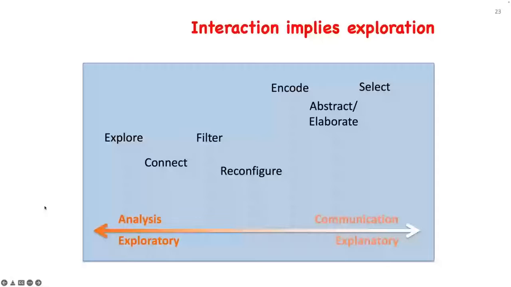So we're starting to see what the story might look like. And as we're moving along this continuum, here we're starting to talk for the first time about what the story might be. So what's the encoding? What are the levels of abstraction, elaboration? So which selection?